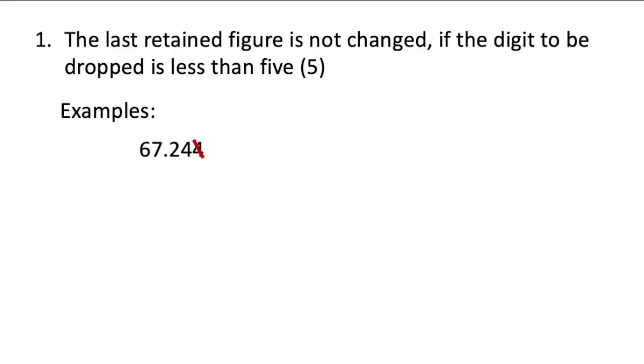So the 4 is less than 5. The one that I drop off is less than 5. So the last retained figure is 4 also, and therefore I will be having a result of 67.24.